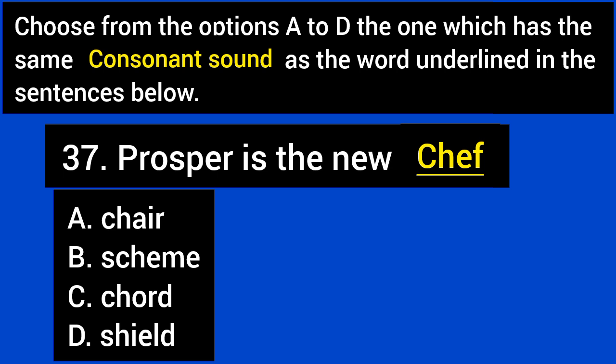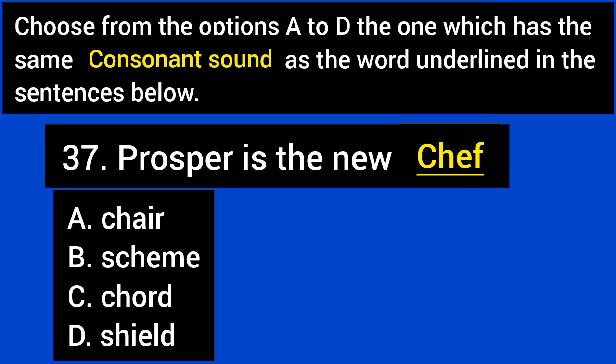So number 37: Prosper is the new chef. We don't pronounce it like chair. We pronounce it in this way, chef.